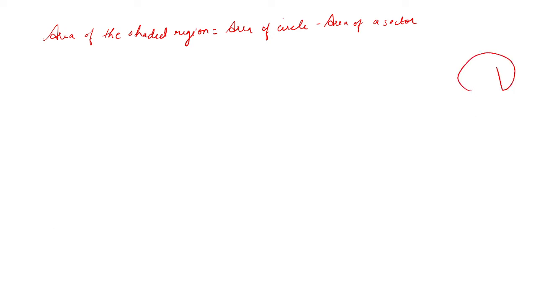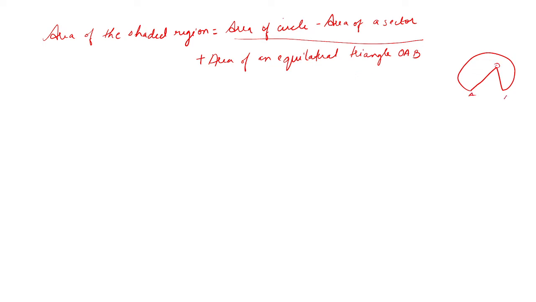This is the sector and this is area of a circle, and we have subtracted the sector, plus area of an equilateral triangle. You can name your triangle as OAB. I think that is what is given here, OAB. So see, area of a circle and area of a sector will give you this, but when you add area of a triangle OAB, this is what you will get, okay? This is the area of the shaded region.